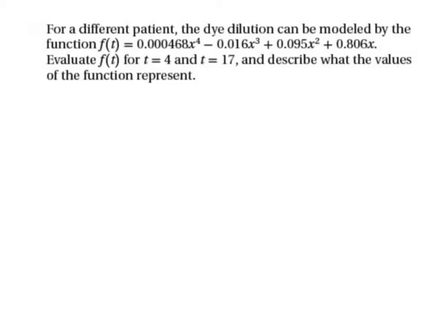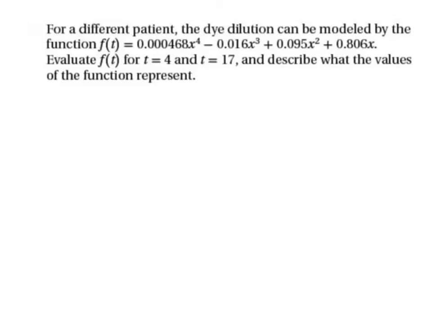For a different patient, the dye dilution can be modeled by the function f of t equals 0.000468 x to the fourth minus 0.016 x to the third plus 0.095 x squared plus 0.806 x. Evaluate f of t for t equals 4 and t equals 17 and describe what the values of the function represent.